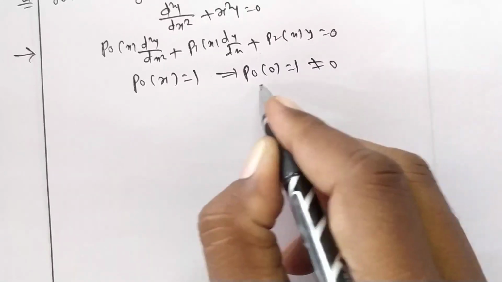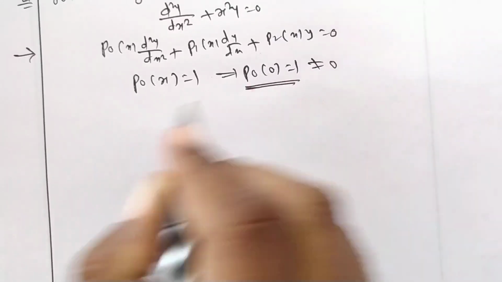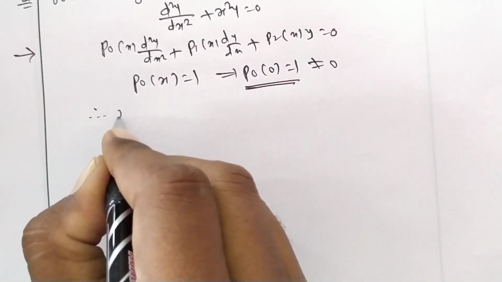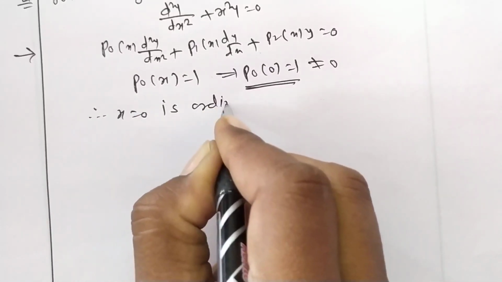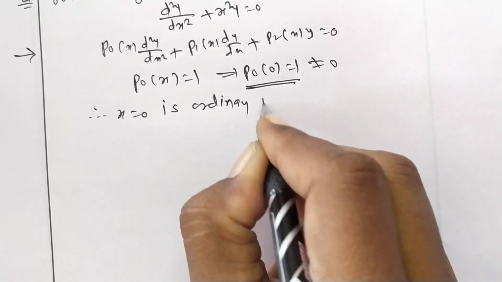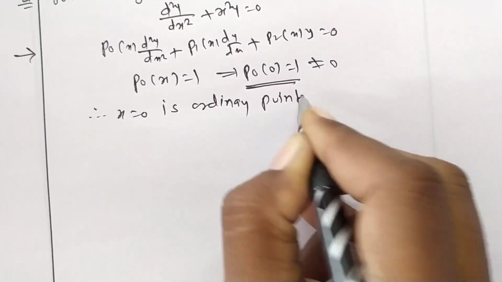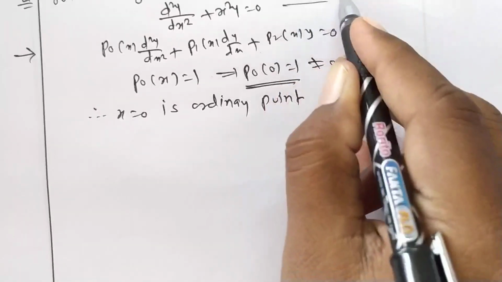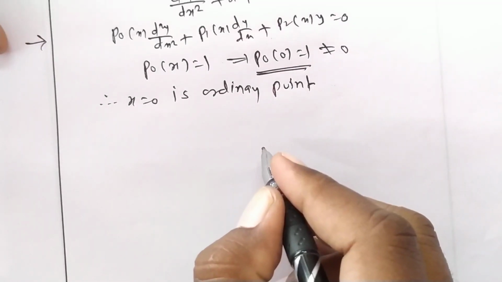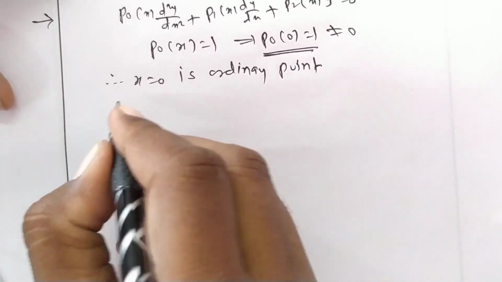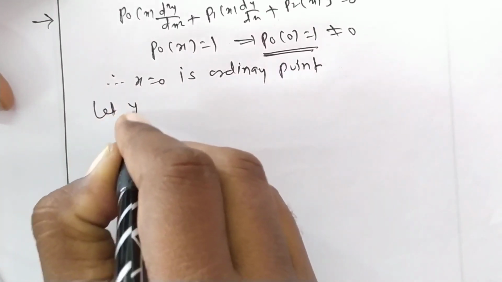If p0 of 0 is not equal to 0, then we can say that x equal to 0 is an ordinary point of the given differential equation, that is, an ordinary point of equation 1.